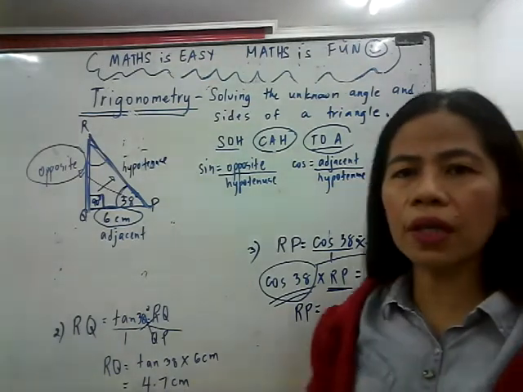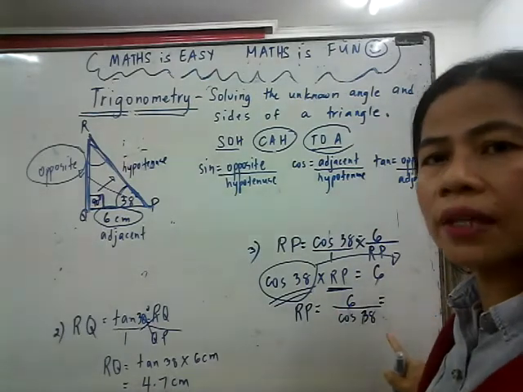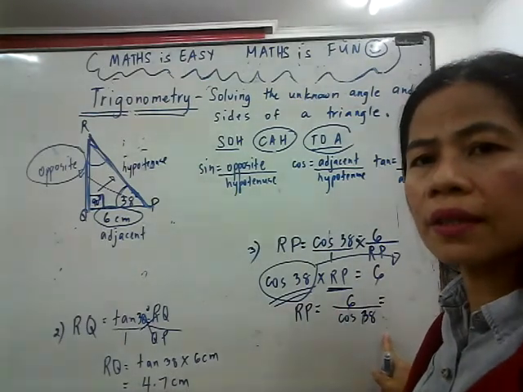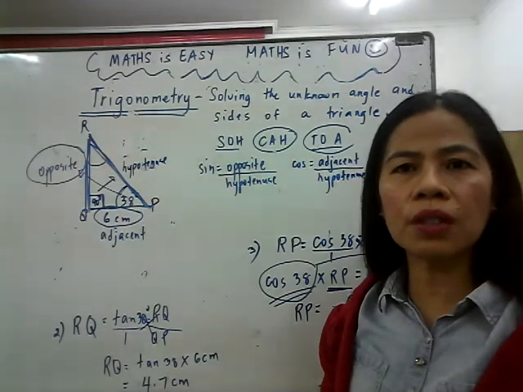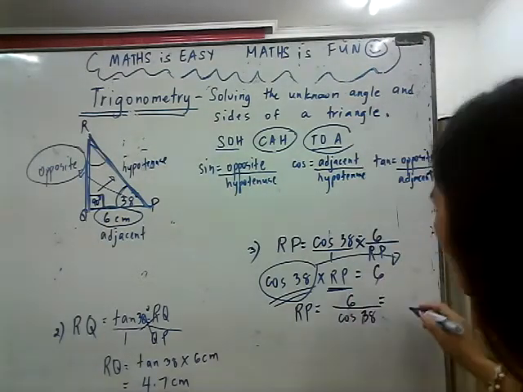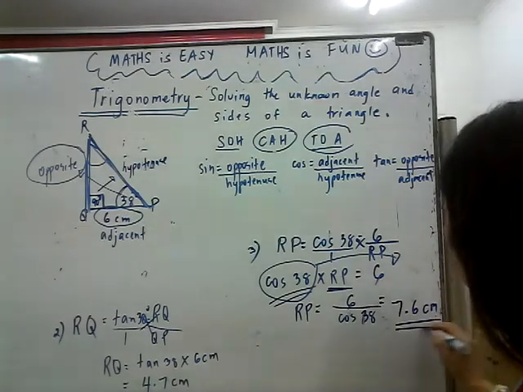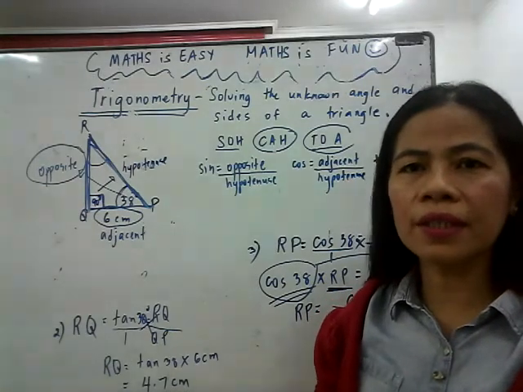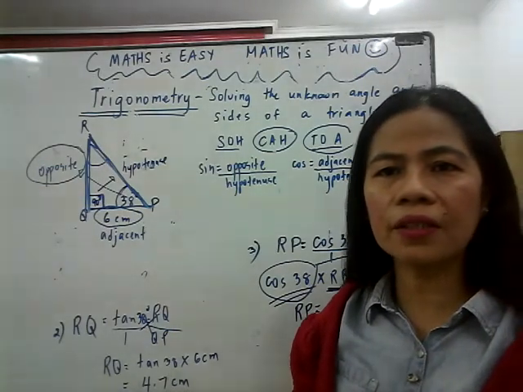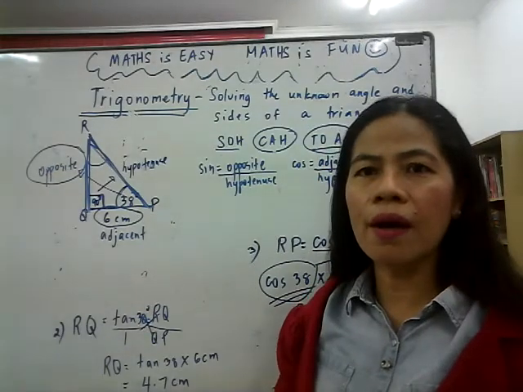On your calculator, you just press 6 divided by cos 38 equals. And when you give your answer up to 2 significant figures, it should be 7.6 centimeters. So we now have completed the angles and sides of the given triangle PQR.